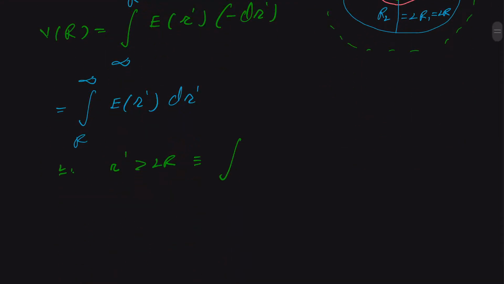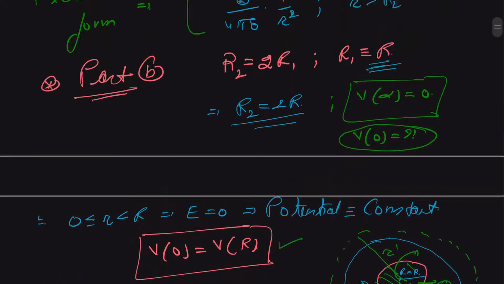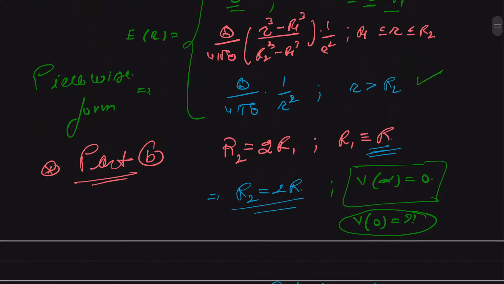Therefore we get the integral from 2r to infinity of q upon 4 pi epsilon naught times 1 upon r' square dr', because we already know this particular relationship.